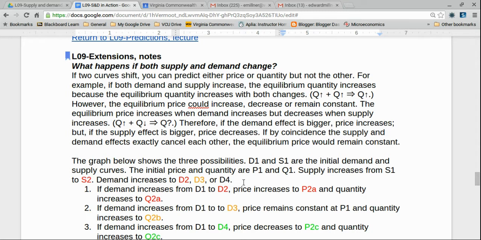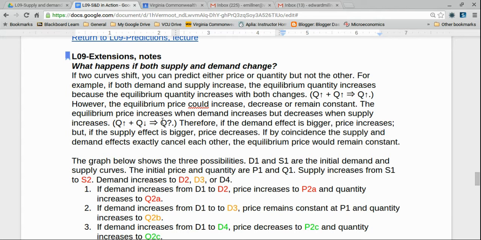However, the equilibrium price could increase, decrease, or remain constant. The equilibrium price increases when demand increases, but the price decreases when supply increases. An increase in price coupled with a decrease in price leads to an uncertain outcome.